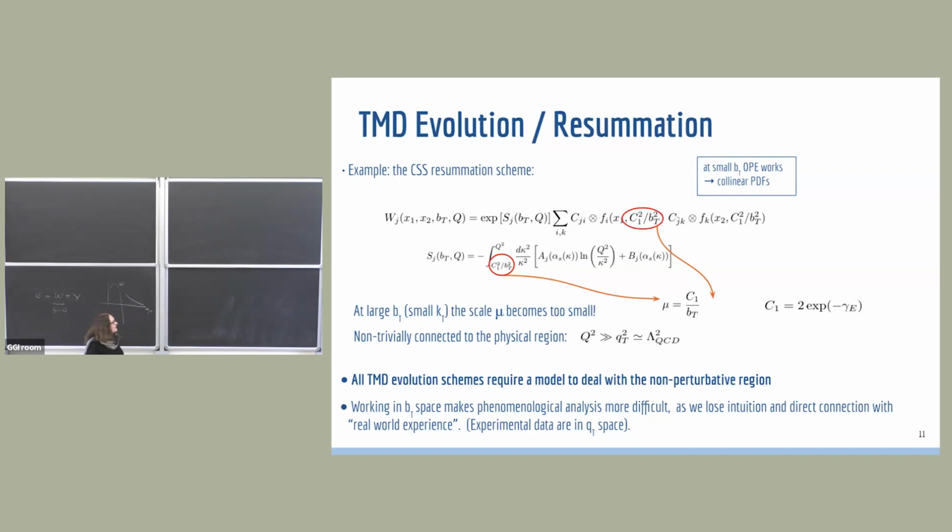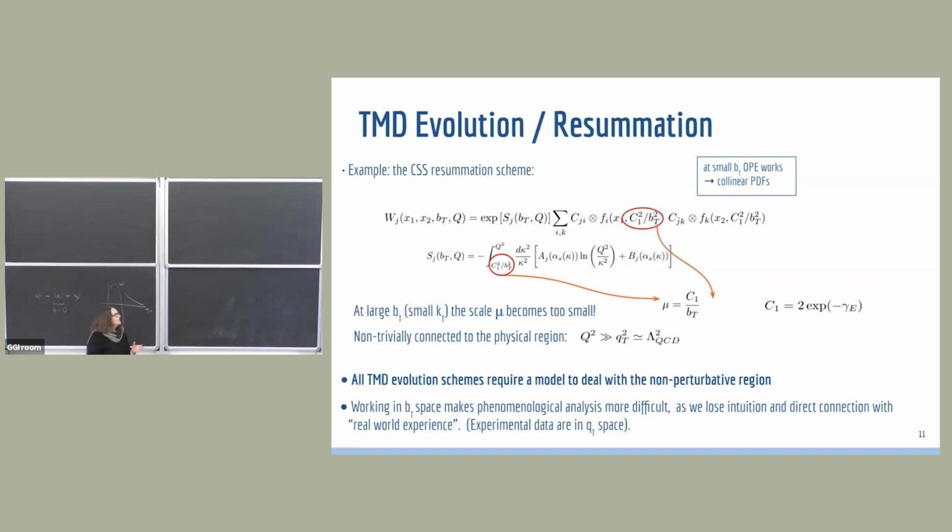And the problem is that when you go to large bT, which means small kT, small qT, when you go up to a region of bT which corresponds to small enough kT to believe that it's non-perturbative, mu becomes too small.